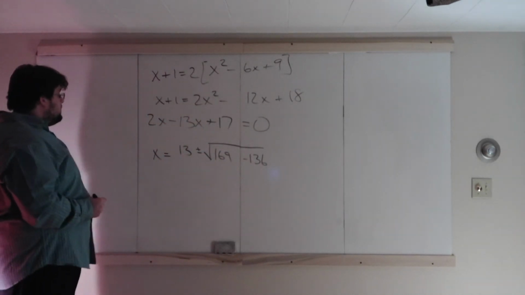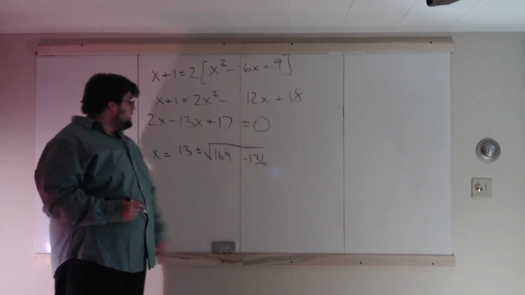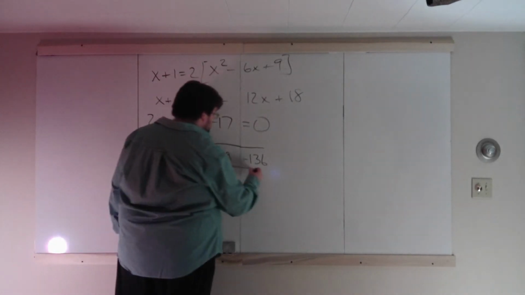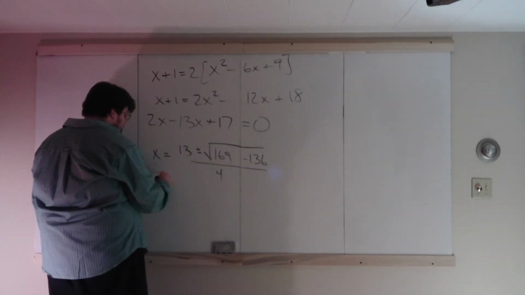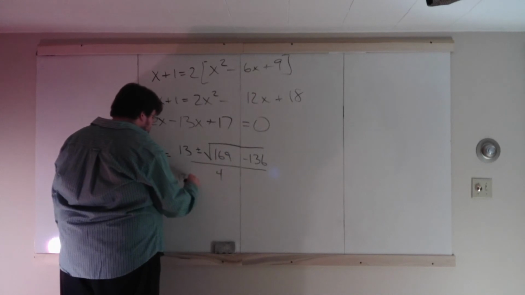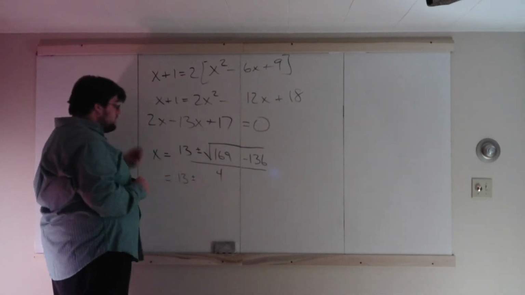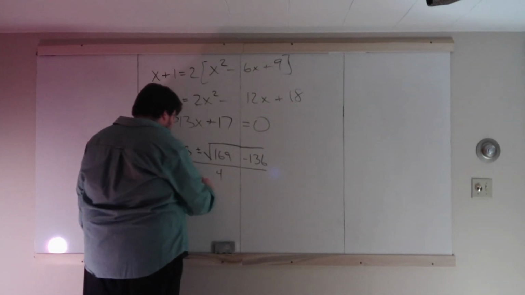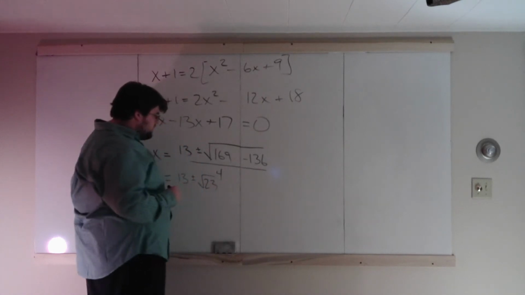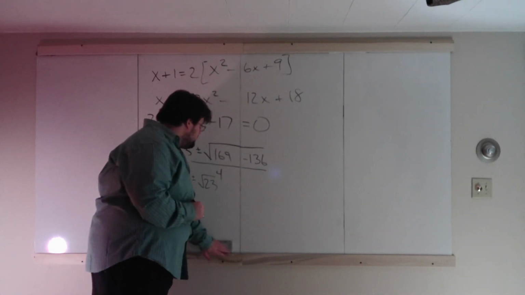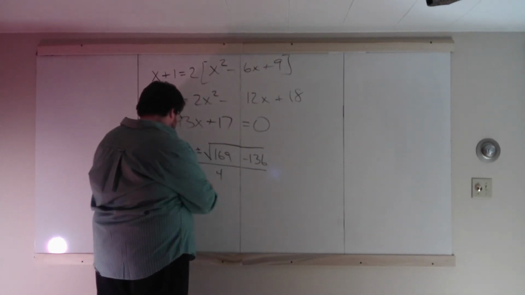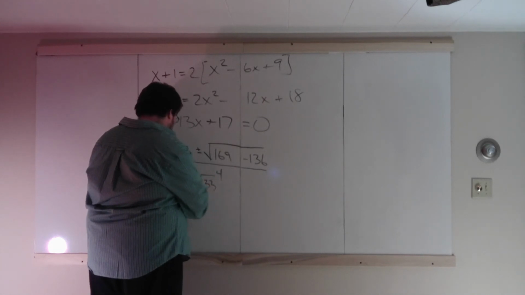So we have b squared minus 4ac, all over 2a. 2a is 4, and we'll combine them and hope we don't have to do any more simplification, because I don't like simplifying square roots. Yeah, we don't, because that's just a 33.